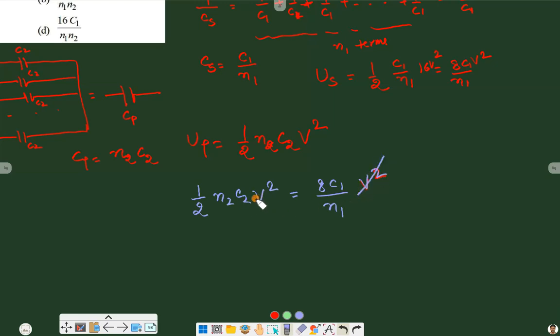So V square gets cancelled, and we have to find C2. So C2 will be 8 into 2, 16 into C1 by N1 N2, and we can see option D matches with our answer. Moving to the next question.